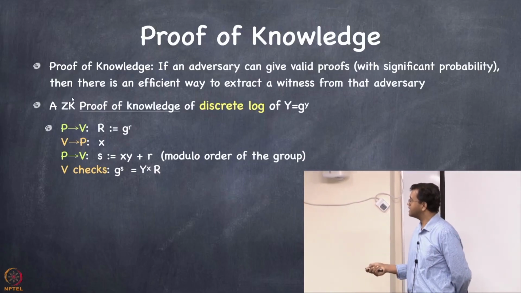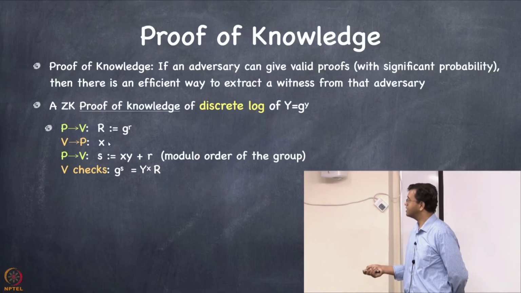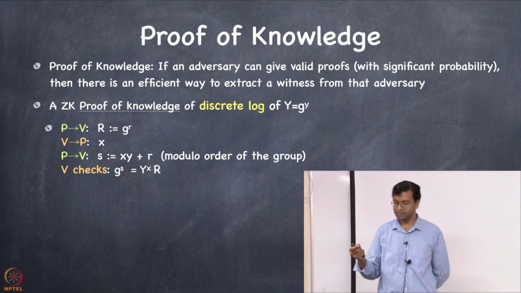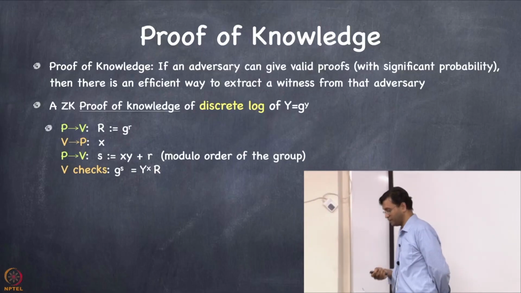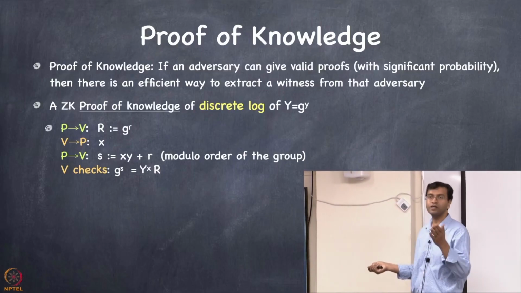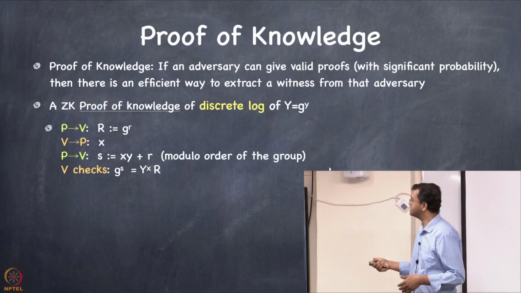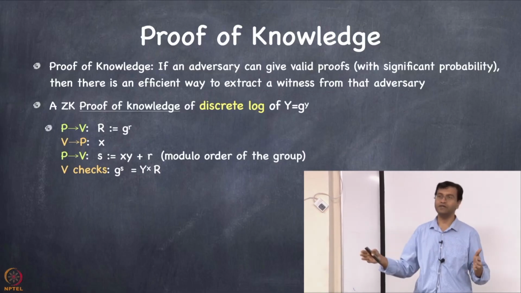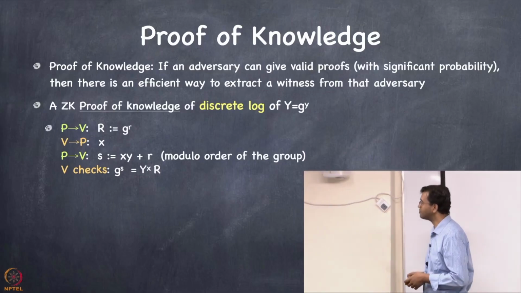The verifier picks a random x in the cyclic group, or prime order group, and say the order is p. Then this x is an element in the range 0 to p minus 1. Okay.